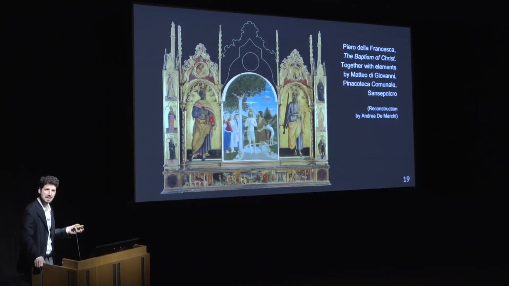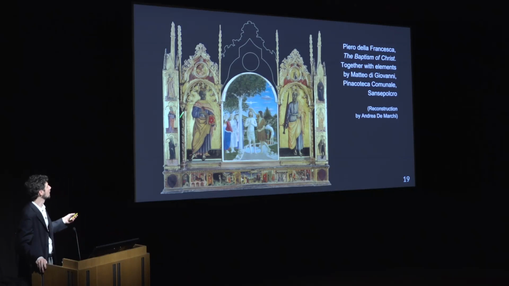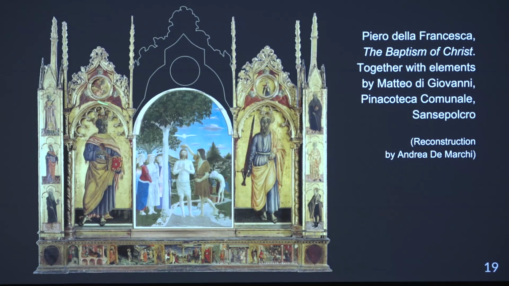And I presume, since we call him the Baptist, you're all thinking of the baptism of Christ. In the gallery we have one of the most beautiful, probably, examples of this subject. I just included the general reconstruction of the altarpiece because it's part of the experience. Unfortunately, at the National Gallery we can't recreate it because the rest of the altarpiece is still in San Sepolcro. But that's pretty much the general arrangement.